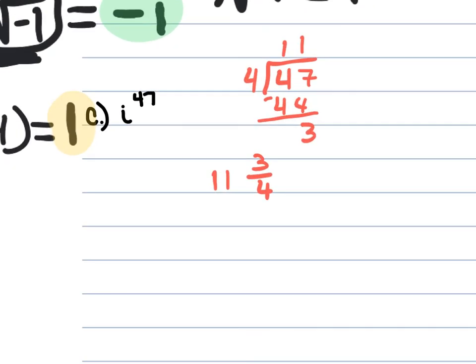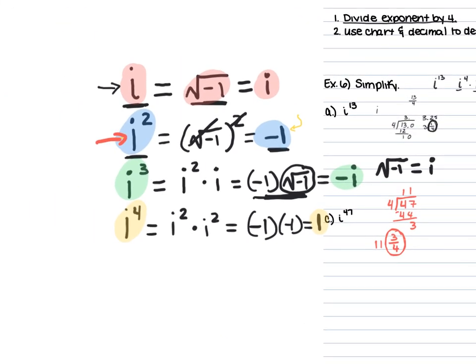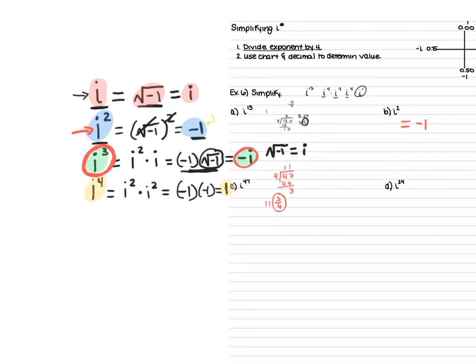So again, this is the part that I care about here. I'm going to look at the third out of my 4 answers. The third one out of my 4 answers, meaning the third power, is right here. What is I to the third power? -I. So my answer, when I work this out, will be -I.